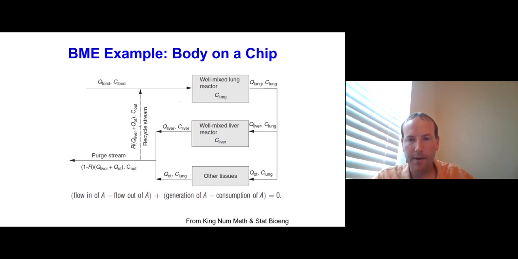So you've got energy balances and mass balances going in and out of these little circuits. The overall conservation equation is that the amount in there is given by the flow in minus the flow out plus the generation of A, so synthesis, minus consumption. This is basically a mass balance for this little reactor system.